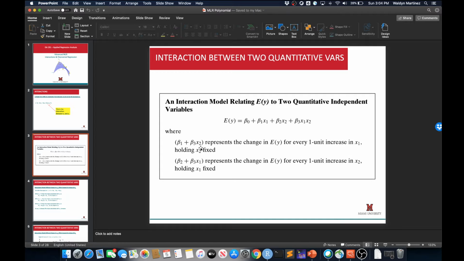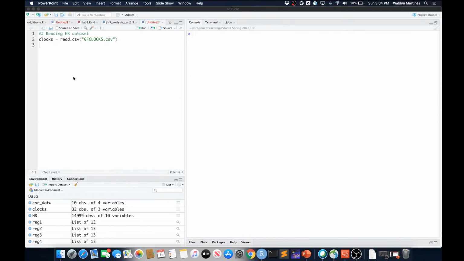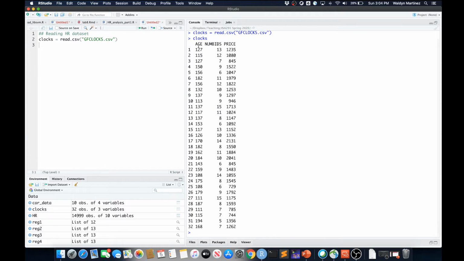So we're going to take a look more at that, and we're going to use an example: the grandfather clocks example. Remember, this data set is a very small data set that contains the age of the clock in years, the number of bidders, and the price of the clock.